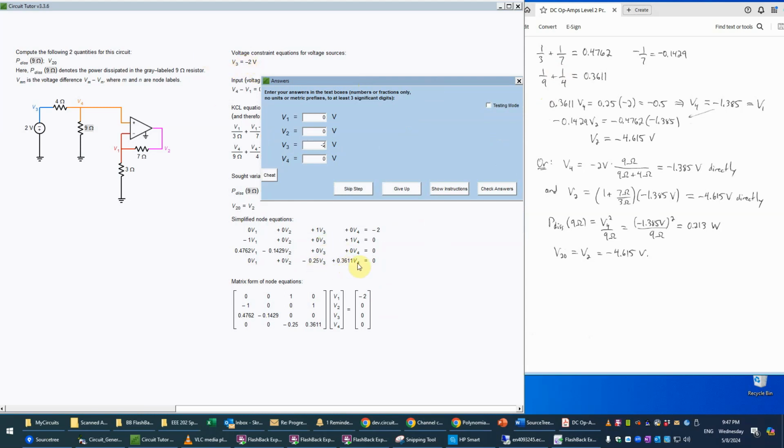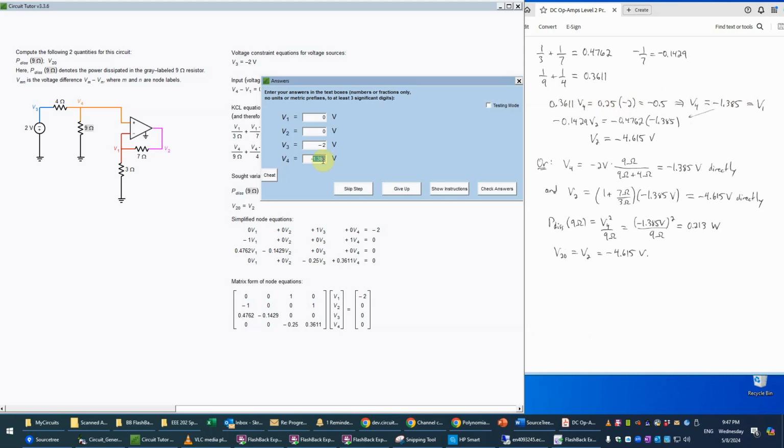So I can just solve this preliminarily for V4 by writing 0.3611 V4 is equal to plus 0.25, bring this term over to the right, plus 0.25 times the value of V3, which, as we know, is -2. That's -0.5, and then just dividing by this coefficient, V4 is -1.385. So we can go ahead and enter that there.